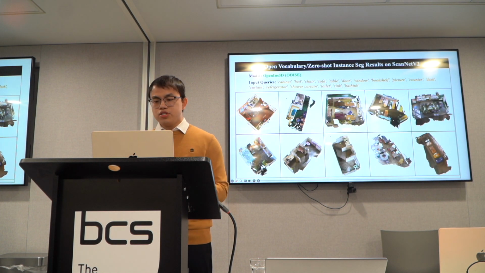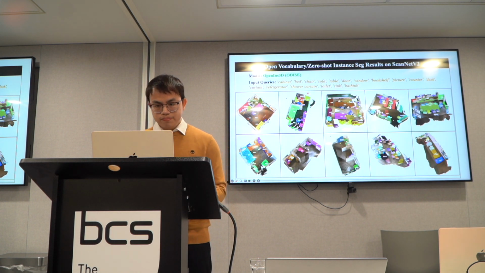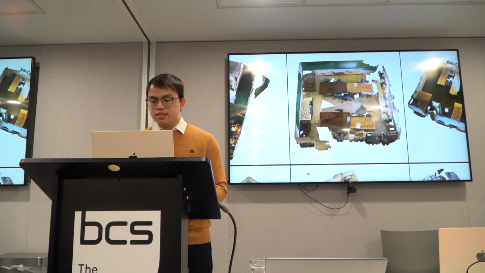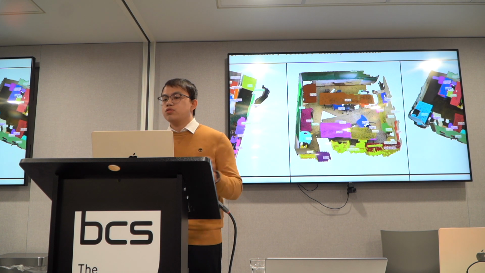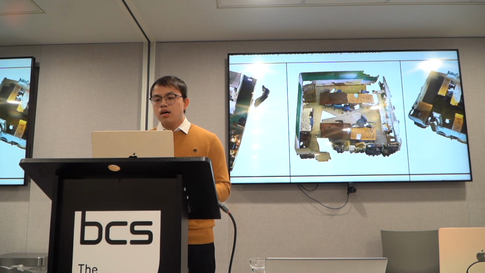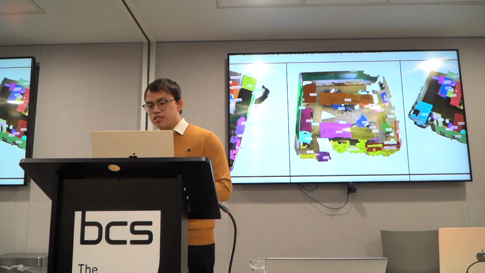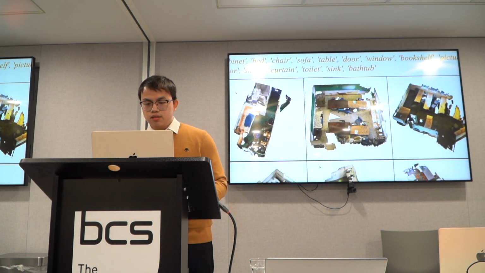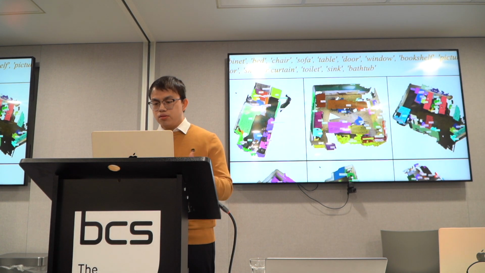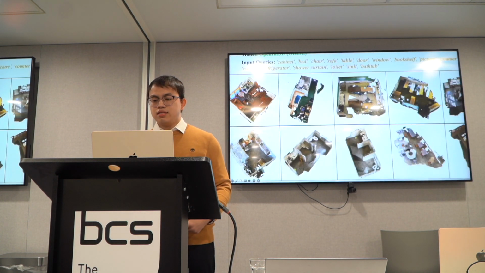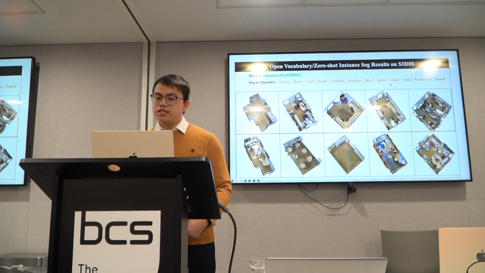Now I'm going to show some quick demos of indoor scene understanding. As you can see, the mask proposal is doing relatively well, and the classification on each mask is also quite good. That's indoor.